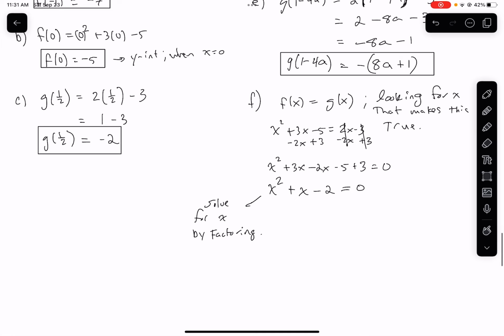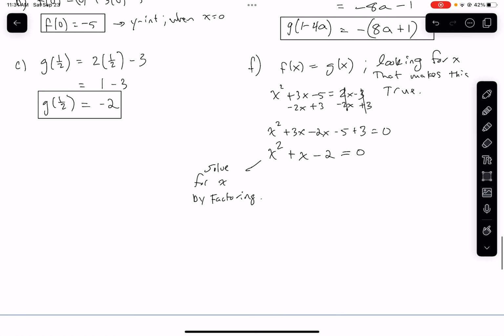This is a simple trinomial, so we're going to factor it using our method. We're looking for the two factors that multiply to -2 and add to 1.